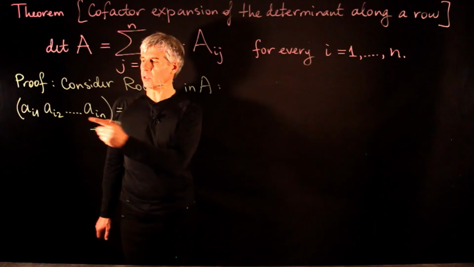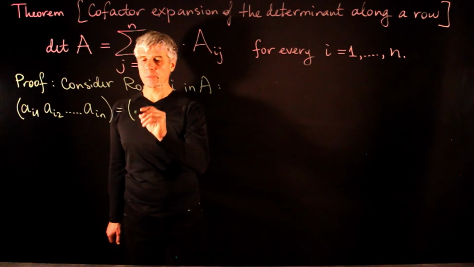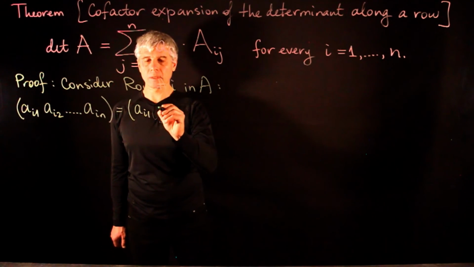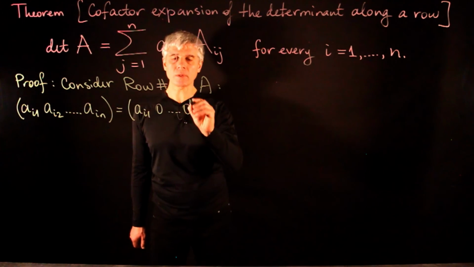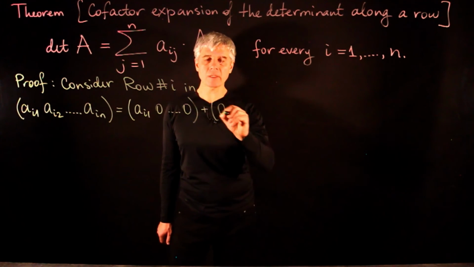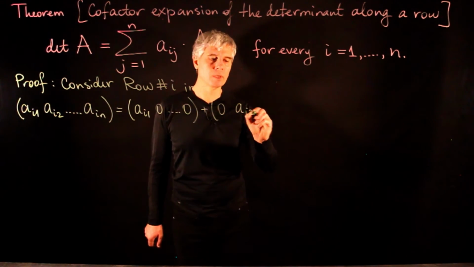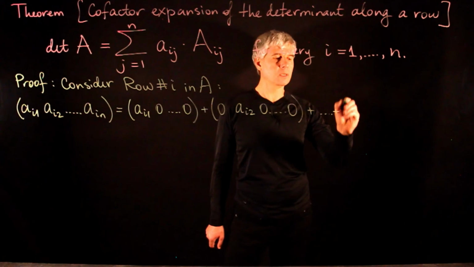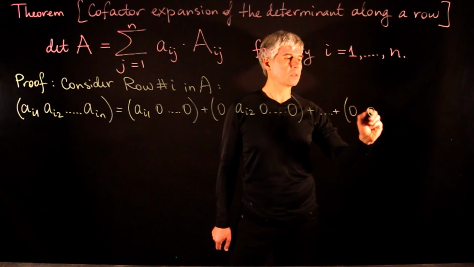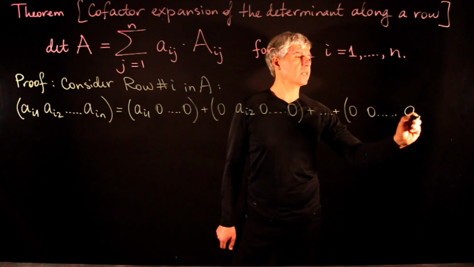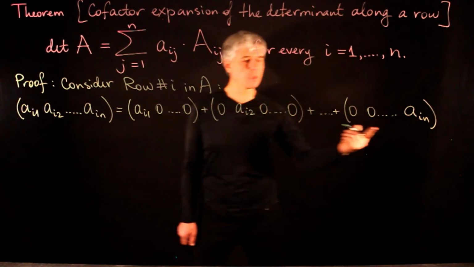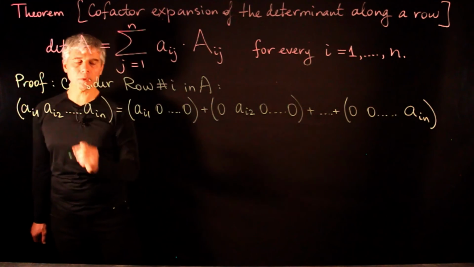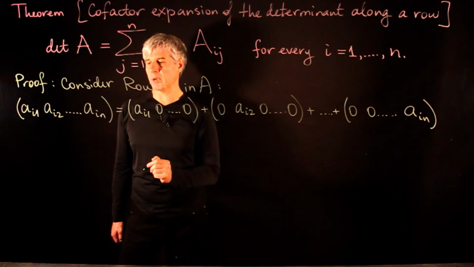And then we expand this row as a sum. We write ai1, 0, 0, 0 plus 0, ai2, 0, 0, 0 plus ... all zeros, and the last entry ain. So the sum of these rows is equal to the original row number i.